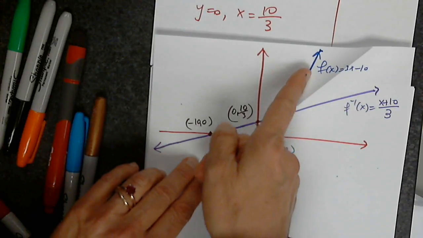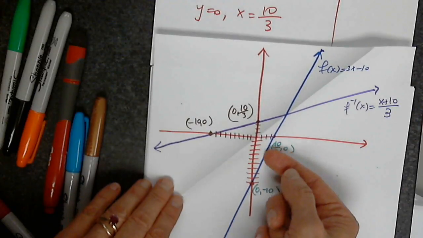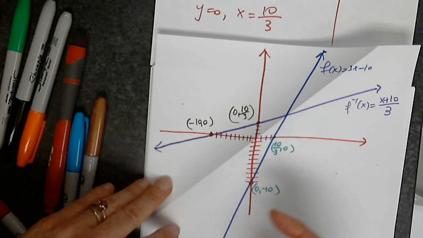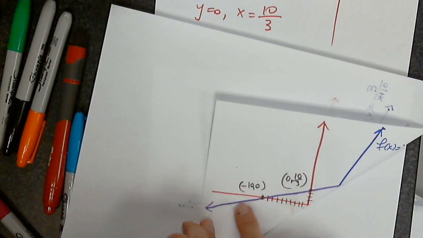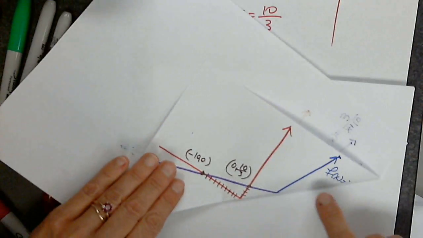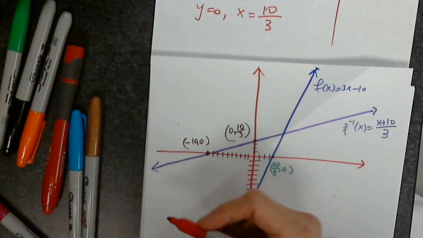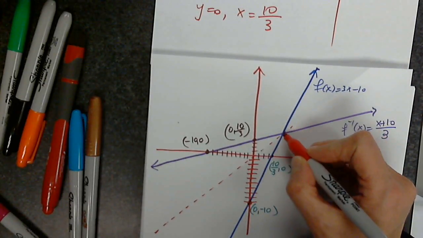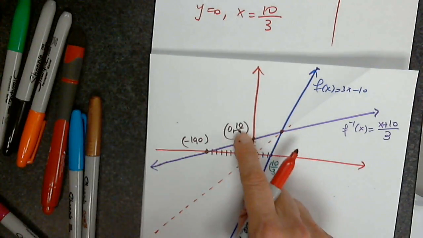This and this are reflected with respect to this line. This and this are reflected with respect to this line. If I fold it, this should overlap with this, and this should overlap with this. What line is this? They are symmetric, you're right, with respect to this line. Notice that this has to be at the same point, because here x and y are the same.